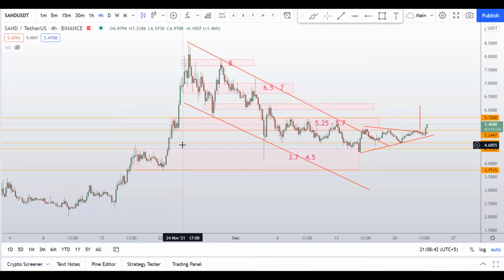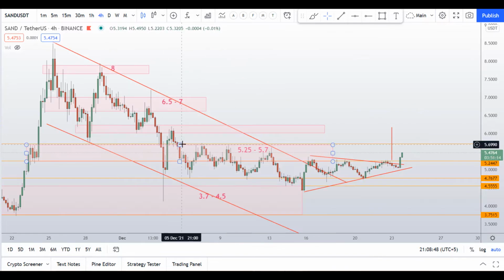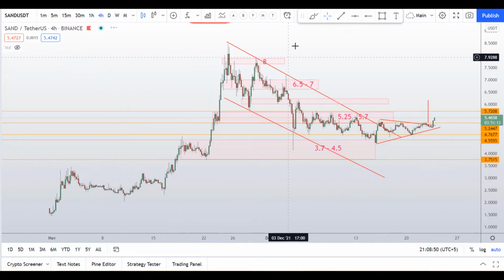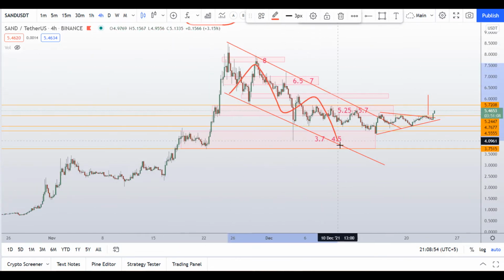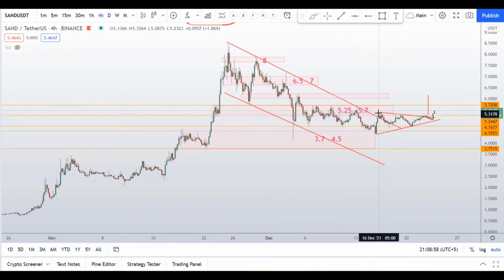Alright, let's start by looking at the 4-hour chart, because we were watching this pattern on the 4-hour chart in the last video. As you guys remember, we were trading in this falling channel, and this falling channel was broken out here, and after the breakout the price action was not convincing and price was moving in a basically sideways pattern.